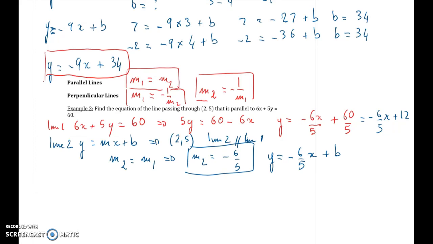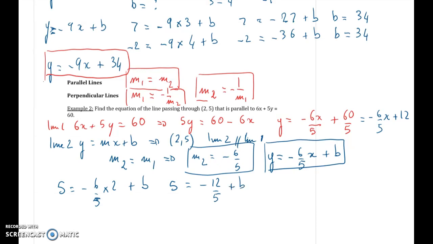And to find b, I'm going to use the point that is on this line right here. So I get 5 equals negative 6 over 5 multiplied by 2 plus b. 5 equals negative 12 over 5 plus b. I need to add 12 over 5 to both sides, which implies that b equals 5 plus 12 over 5.